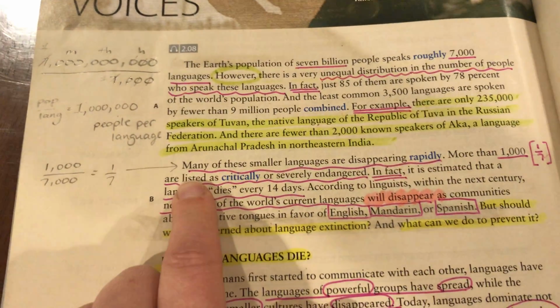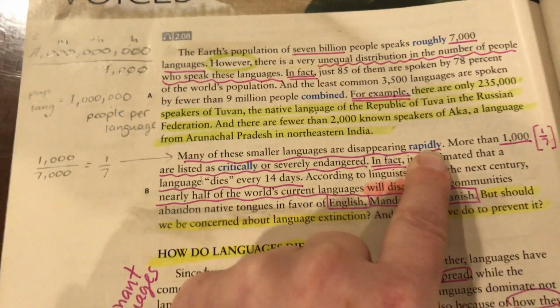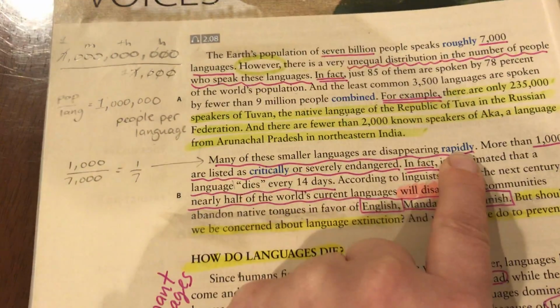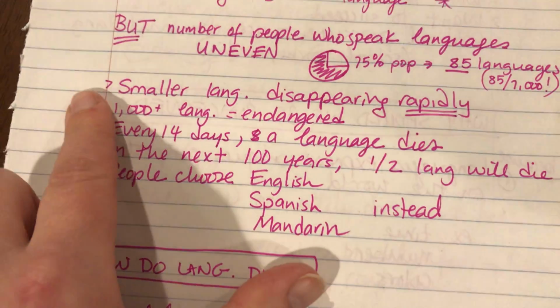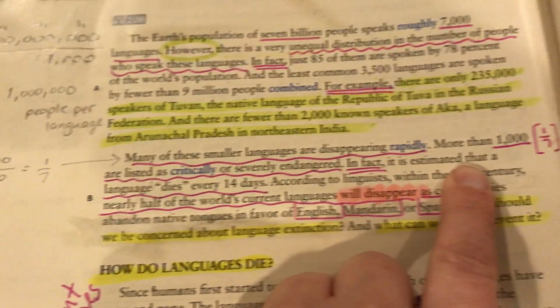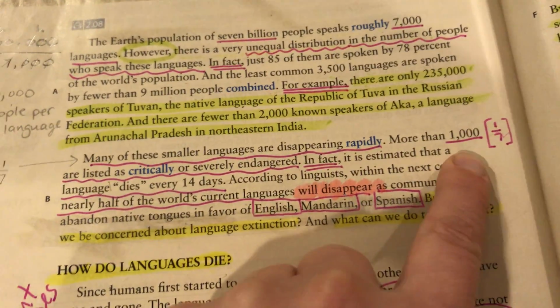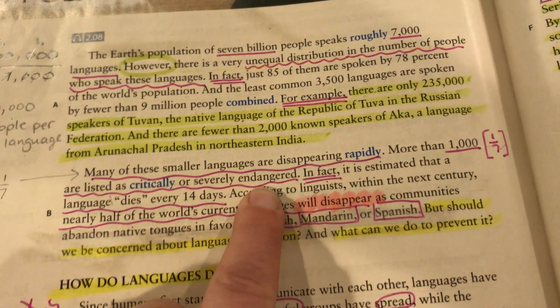Okay, now I have the next paragraph. Many of these smaller languages are disappearing. How are they disappearing? Rapidly. So this is a main idea I'm going to put right here. Smaller languages are disappearing rapidly, quickly, very fast. Here it says more than 1,000 are listed critically or severely endangered.